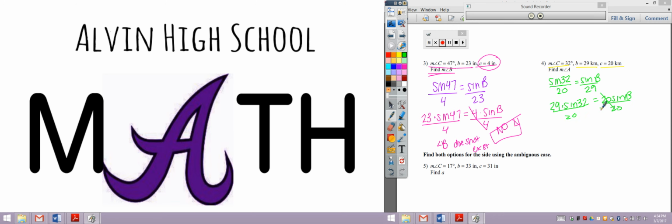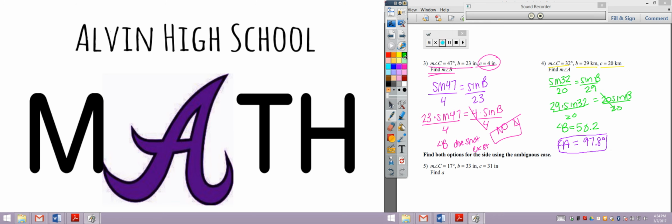And of course I'm going to inverse because I'm solving for an angle. So sine inverse of 29 times sine of 32 divided by 20, which gives me an angle B of 50.2. So to find angle A, I just need to subtract from 180. So 180 minus the 32 minus the 50.2 gives me 97.8.